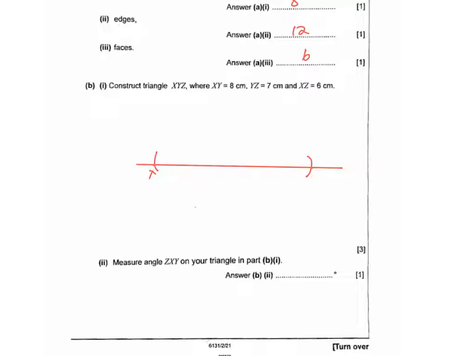This is actually y. After you put it at 7, so 7 should be from y, that means you put your pin here and you make an arc for 7. Then you take it to 6, you put it at x, and then you make an arc for 6, and where your arcs meet, that is where your z is. You just join z to x, and then you join z to y, like that.